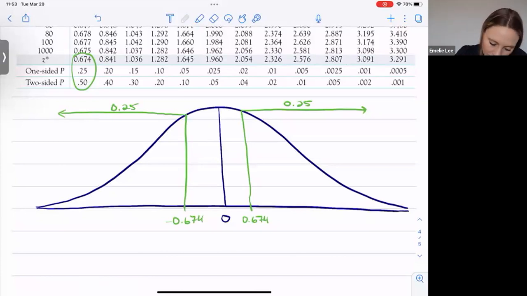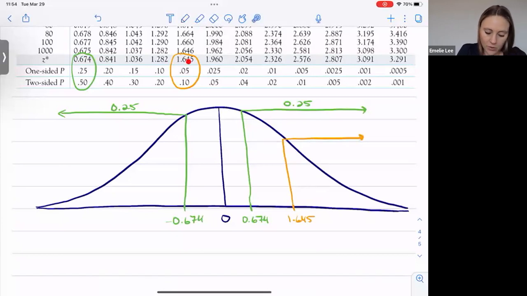Now, let's go to one that we're familiar with: 1.645. If I go to 1.645 of Z, then this table tells me that one of the tails has an area of 0.05, which means that also negative 1.645.